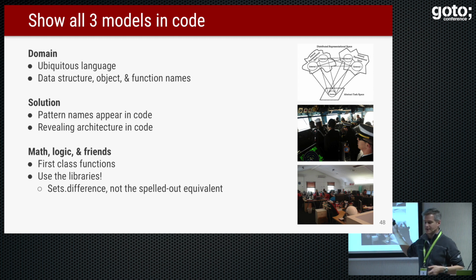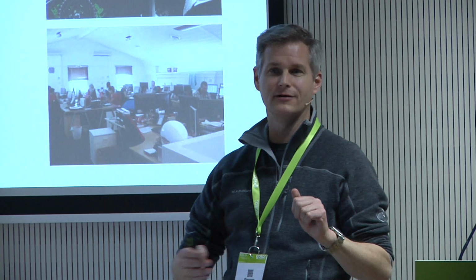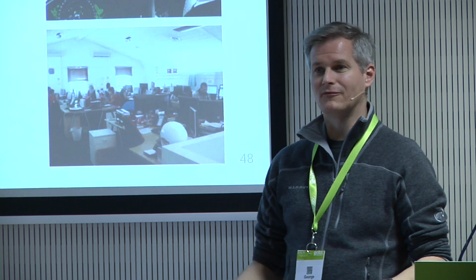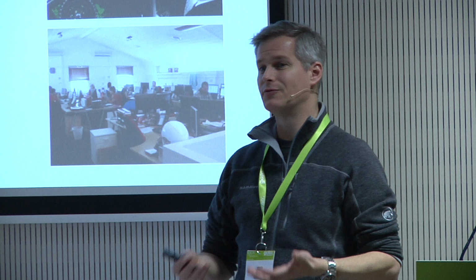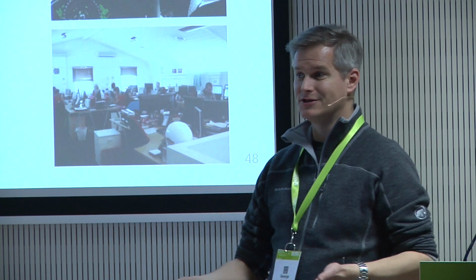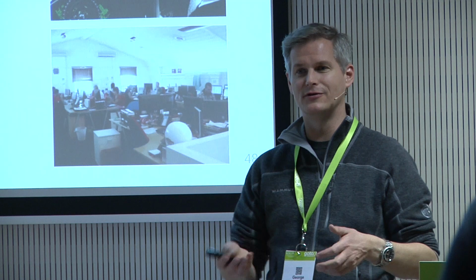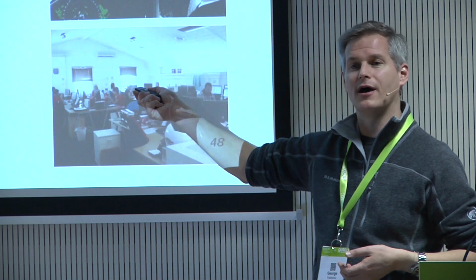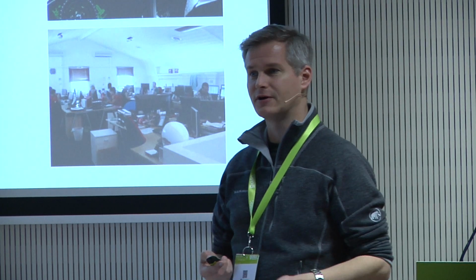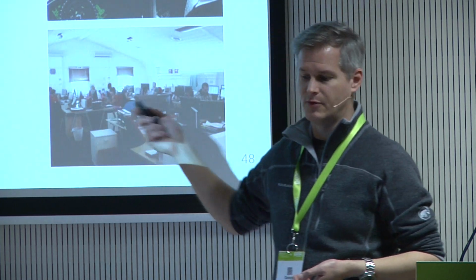If I can't see what architecture you're using, if I can't see that it's client server, or I can't see that there's a database layer, then there's probably a problem, right? If the developers on your team don't know that an architectural decision has been made, has everyone been in that situation where somebody accidentally writes some code and then you find out, no, we don't do it that way, right? That's an example of they were not able to infer the model from reading the code. So we got to make sure those models are appearing in our code.